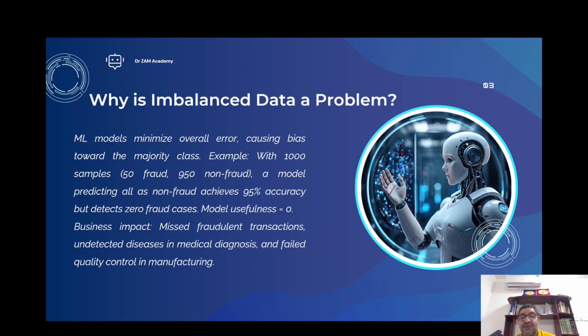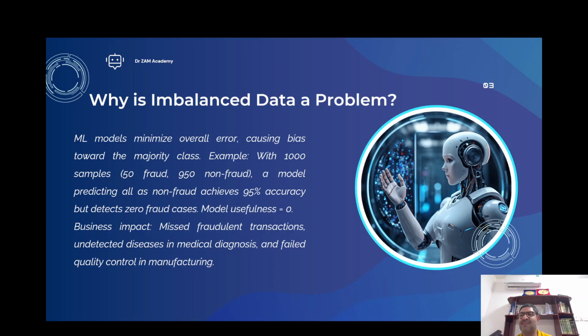But it will be detecting zero cases of fraud, and the model's usefulness will be zero.